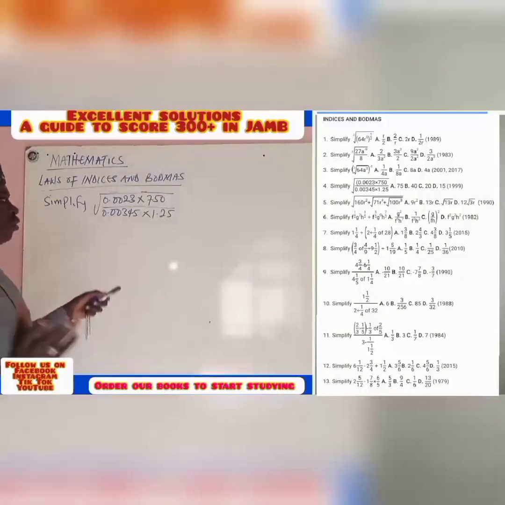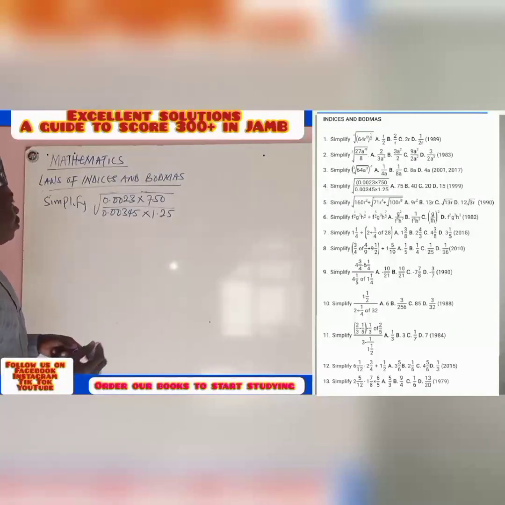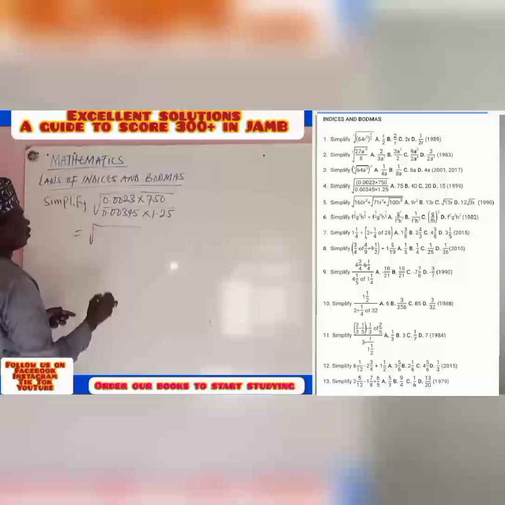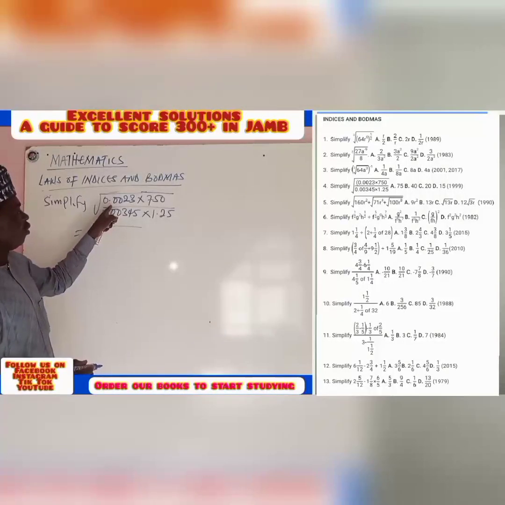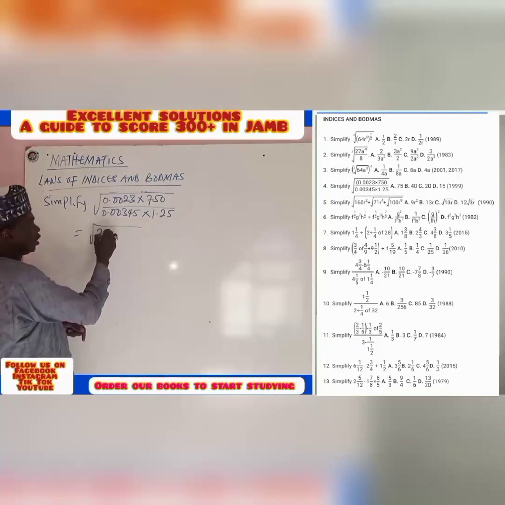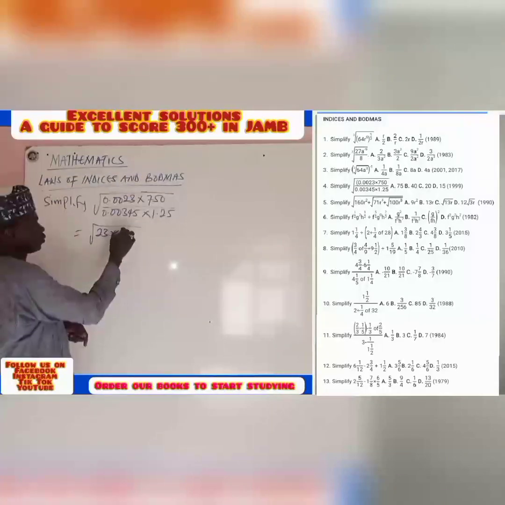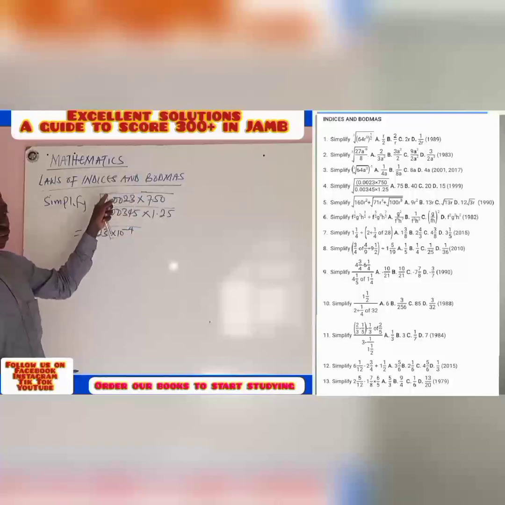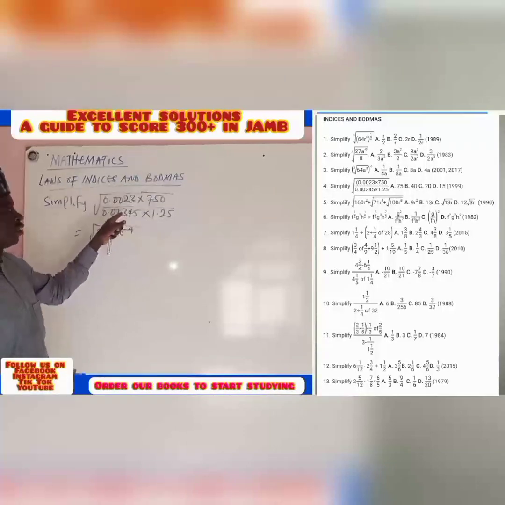In a situation where we don't have a calculator, one thing that we need to do is take our decimal point that is here, we move it 1, 2, 3, 4. It will reduce to 23 times 10 raised to power minus 4. We are taking it in the negative direction. So here is minus 1, minus 2, minus 3, minus 4.